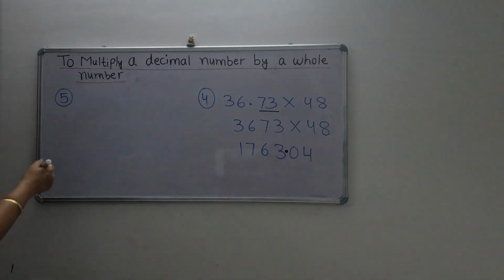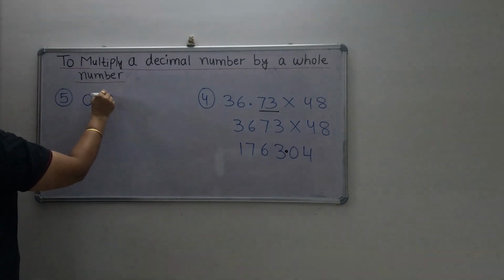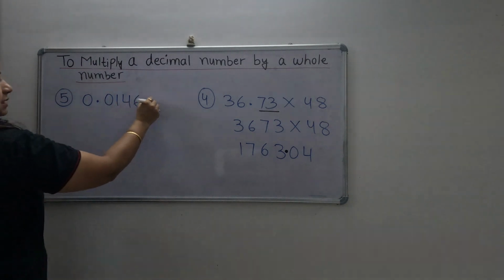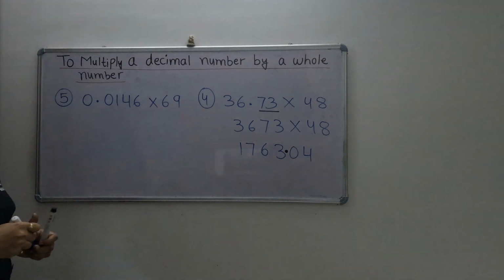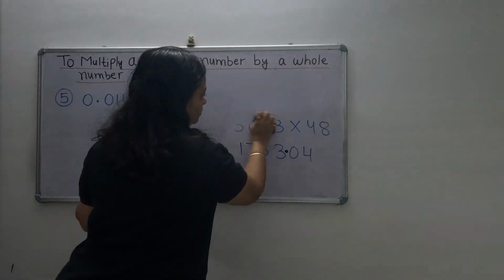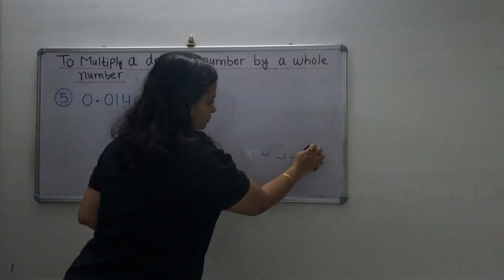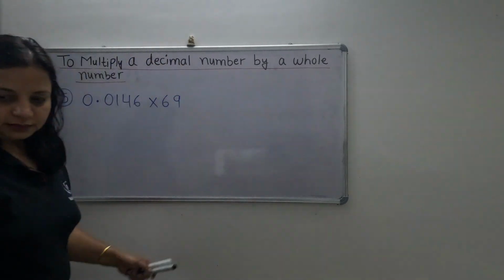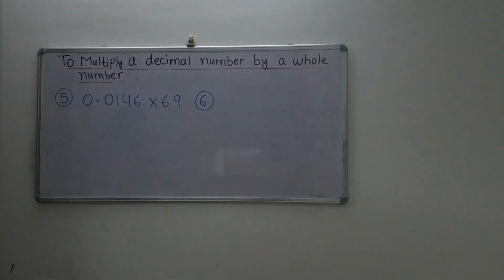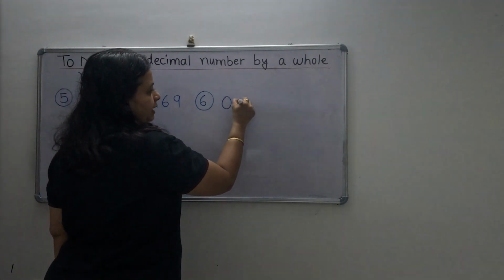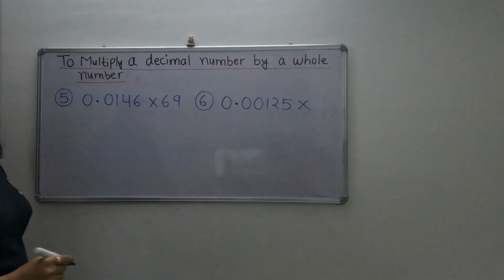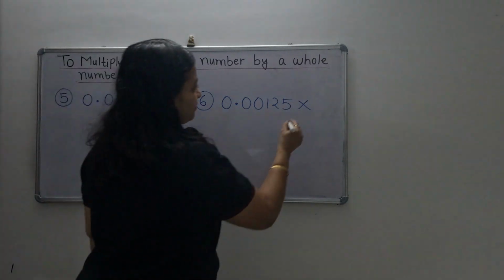Okay. The next example is 0.0146 times 69. And the sixth question is 0.00125 times 327.